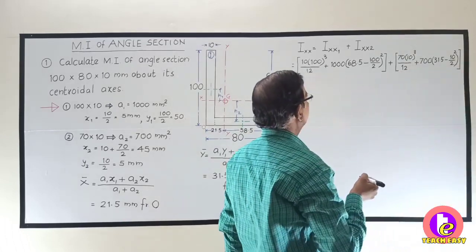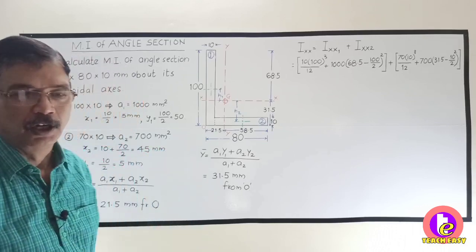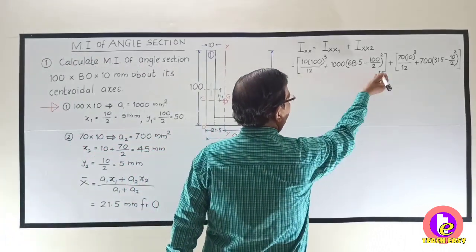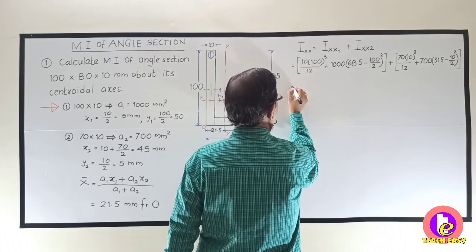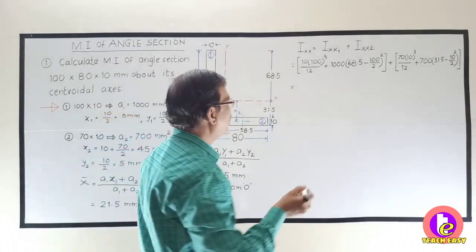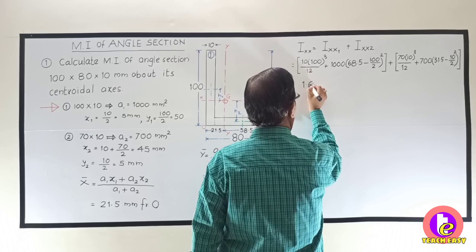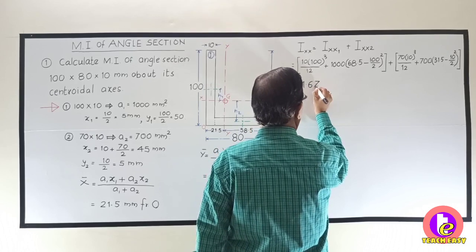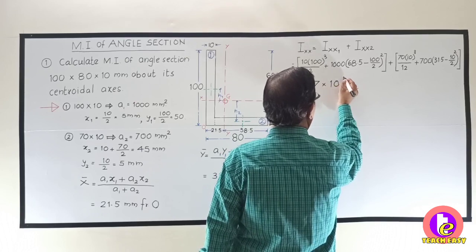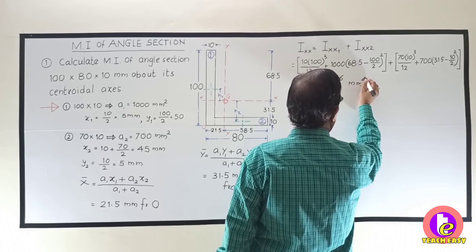This is Ixx2, Ixx1 plus Ixx2. If you calculate this value separately for this and this and add them, you will get the answer of Ixx as 1.67 into 10 raised to 6 mm raised to 4.